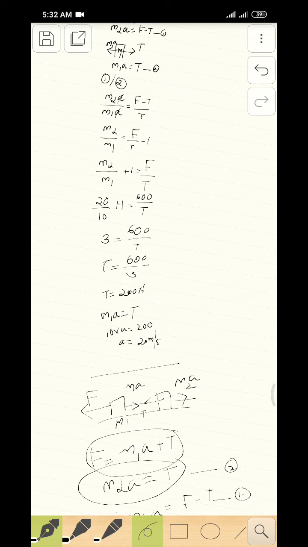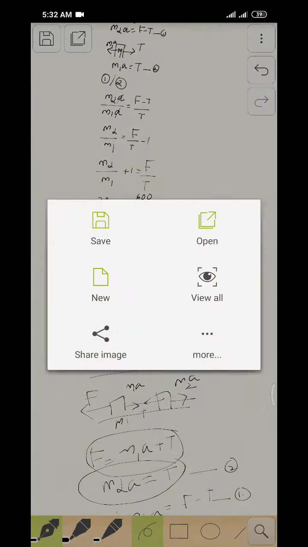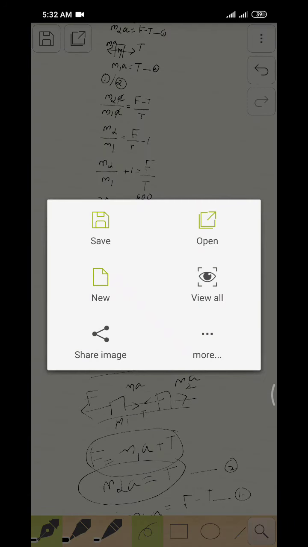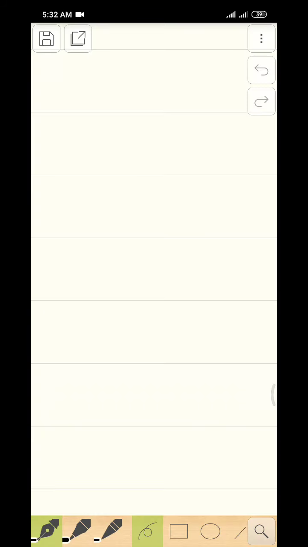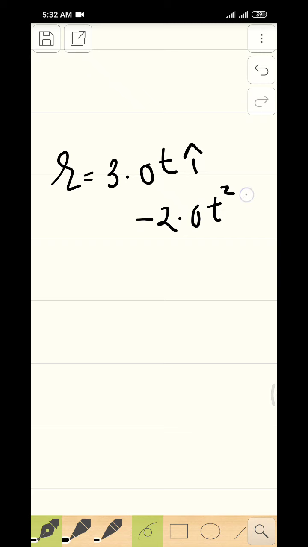Exercise number 20 in chapter 4. The question is that the position of a particle is given by r is equal to 3.0 t i cap minus 2.0 t square j cap plus 4.0 k cap.